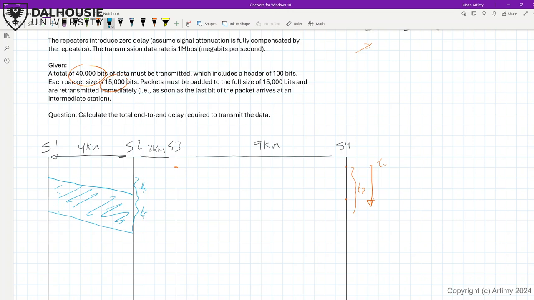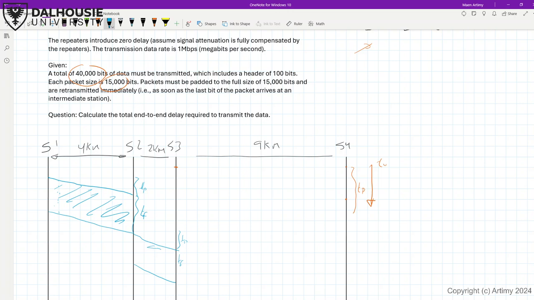So if we consider this blue packet here, as soon as it arrives completely at station 2, station 2 will start sending it to station 3. Again, there is a propagation time, right? And transmission time TF here.